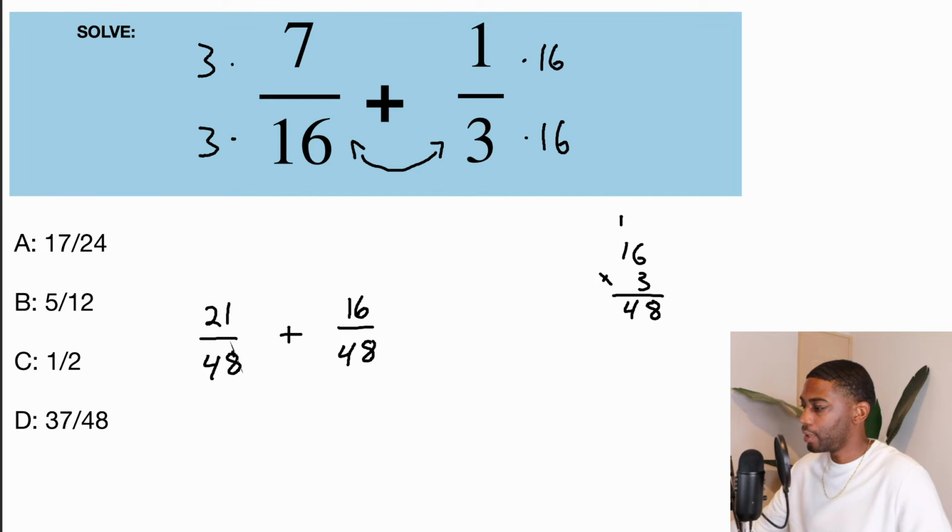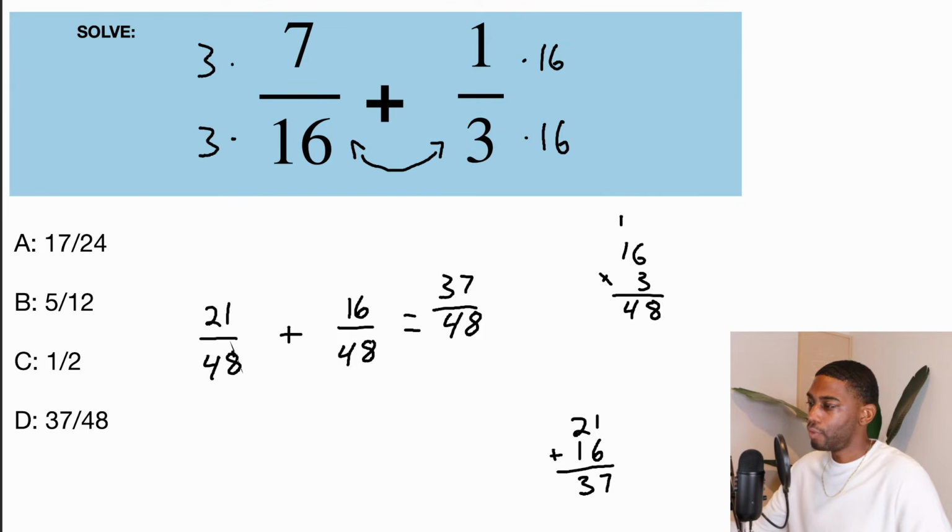I'll go ahead and write it over on this side. 21 plus 16. 1 plus 6 is 7. 2 plus 1 is 3. We have 37 over 48.